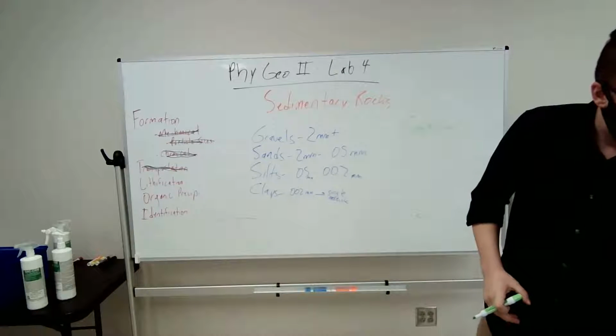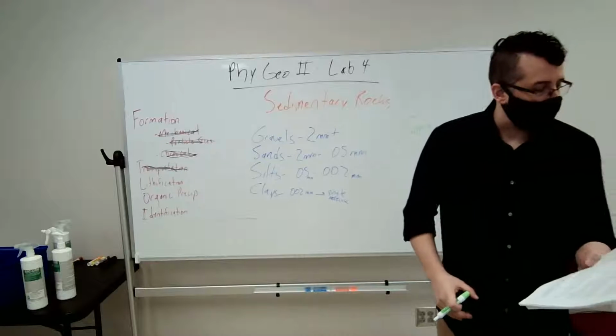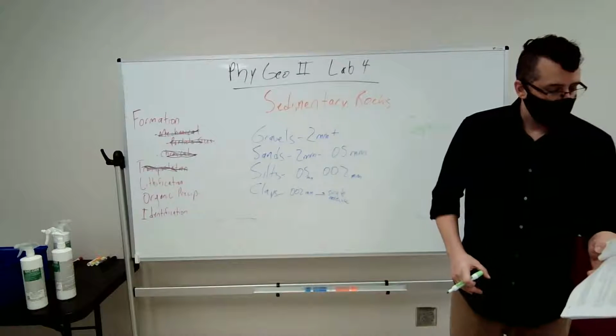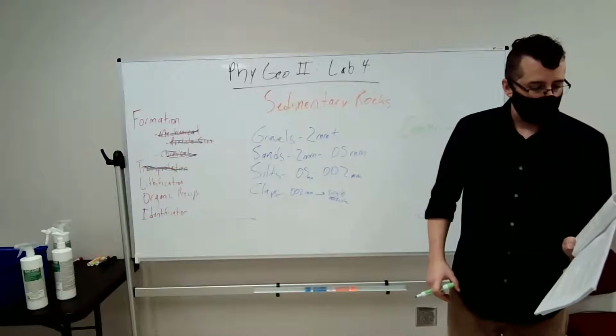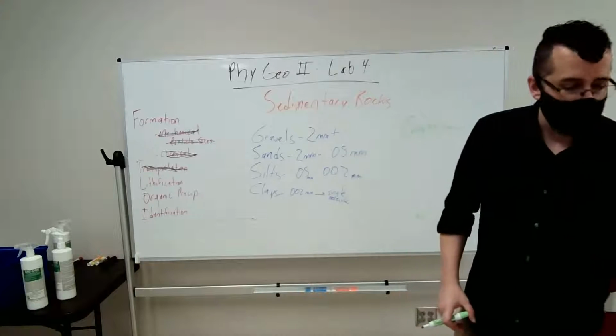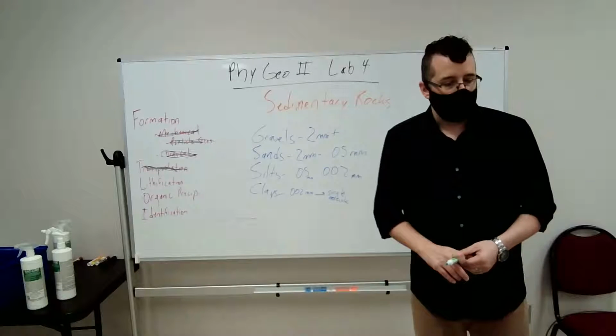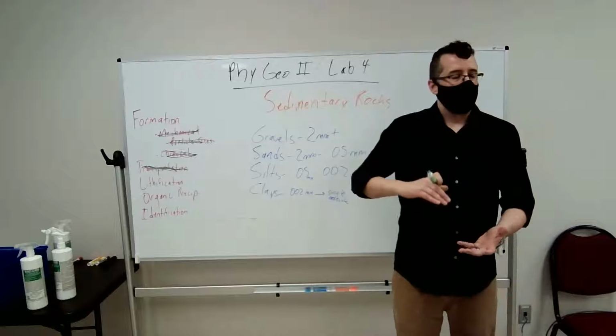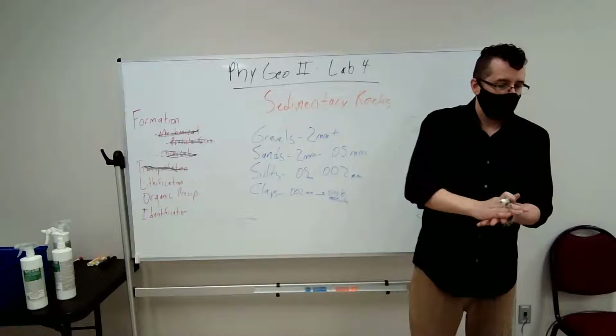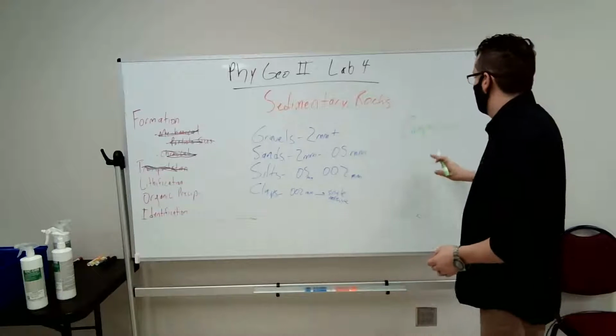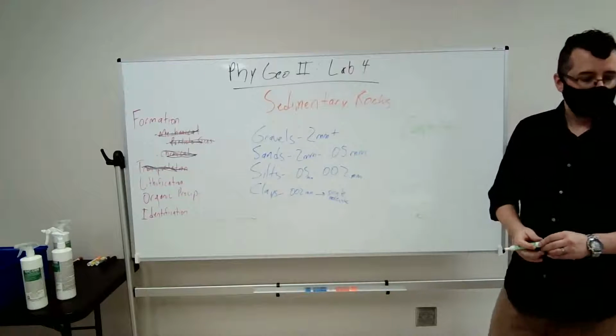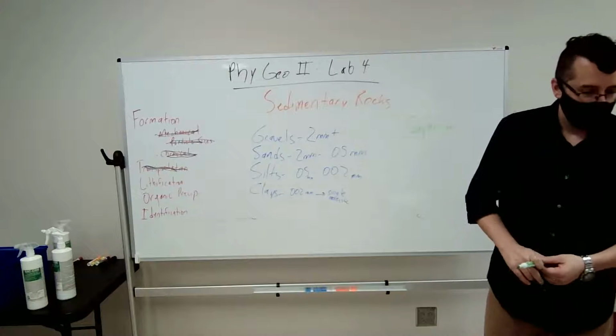So it says freshly deposited sediments, like that of tiny particles of silt and clay, typically contain a lot of airspace. And what happens is the sediments squish together and get compacted. We're actually going to go through a few of the samples.